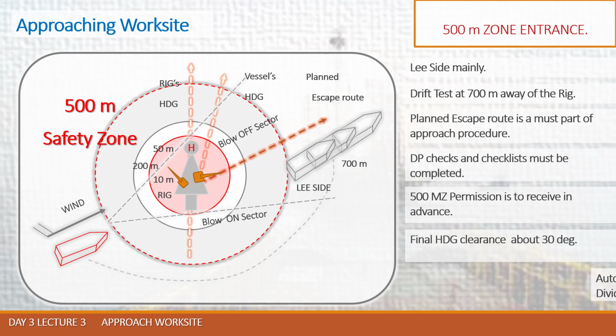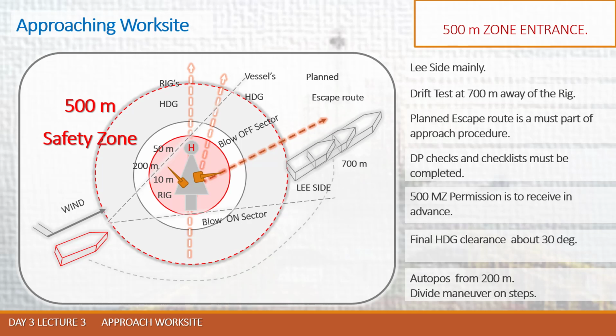From that area the vessel might proceed in auto position mode until the final position, which is 10-meter clearance away from the structure. Under international law, the next critical zone for the DPO after entering the 500-meter zone will be the area of 50 meters. In that area, the speed of the vessel must be less than half a knot. This is international law.